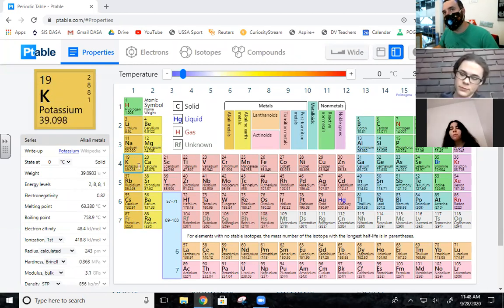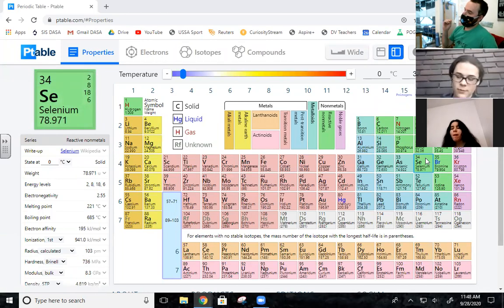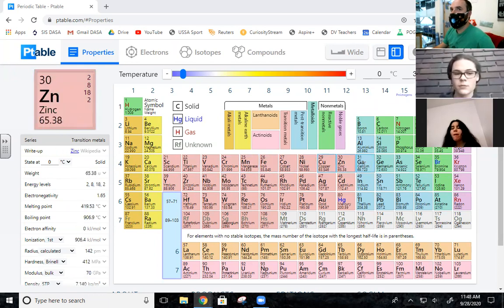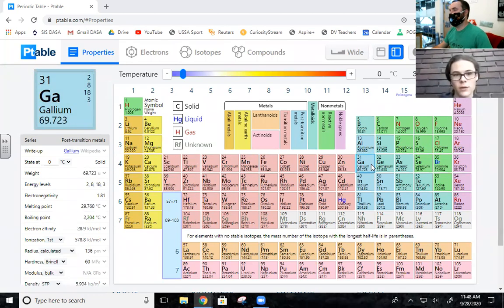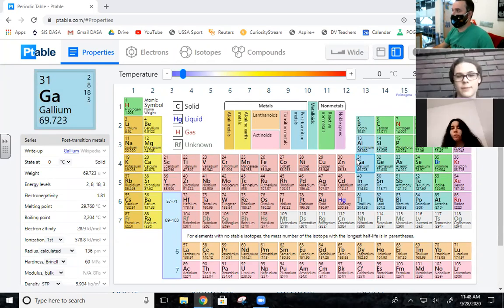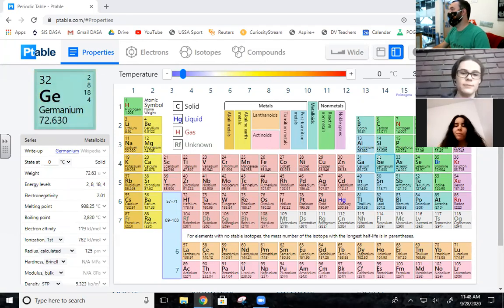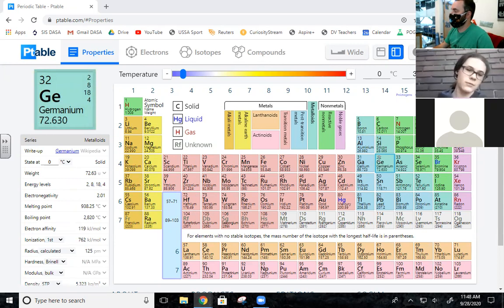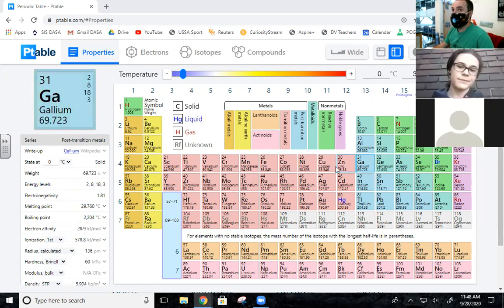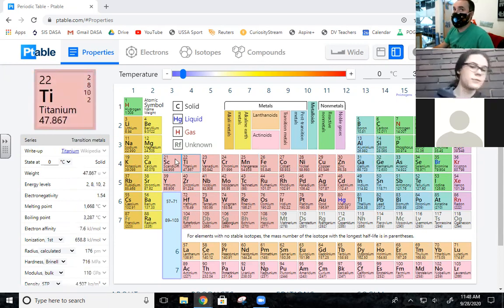As you move right on the periodic table, would the atomic radius go up or down as you move right, from left to right? It would go up. You think the atomic radius would go up as well? Why would that happen, Christian? So the numbers are going up.